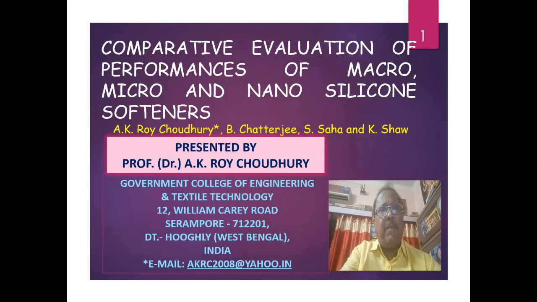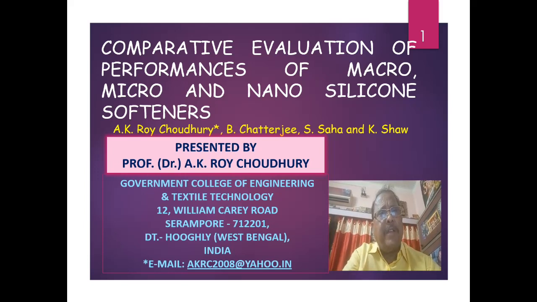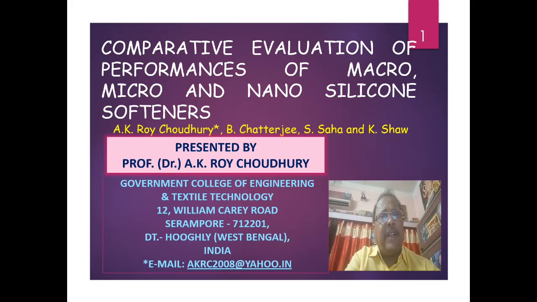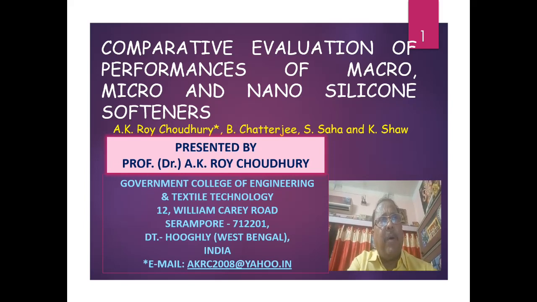This video is about my visit to Shanghai, China for presentation of my research paper entitled Comparative Performances of Micro, Macro and Nano Softeners in the 12th Asian Textile Conference. Asian Textile Conference is arranged every 2 years by the Federation of the Asian Professional Textile Association, that is FAFSA.